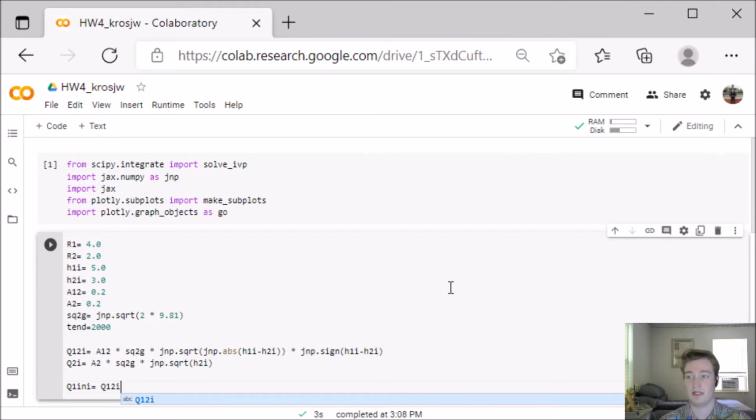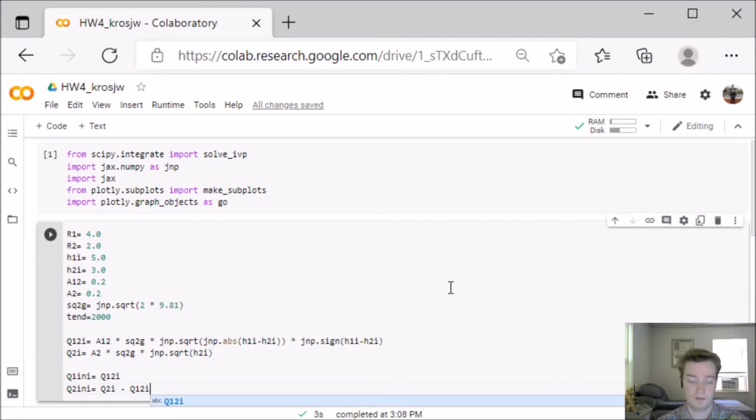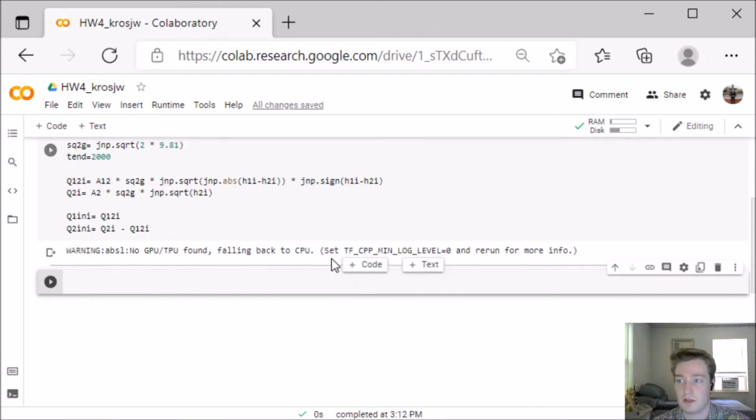So everything that goes in must equal everything that comes out. And then Q2 in initial, the same idea, everything that goes in equals everything that comes out. So that's Q2 initial minus Q12 initial, just like that. So that is our imports.